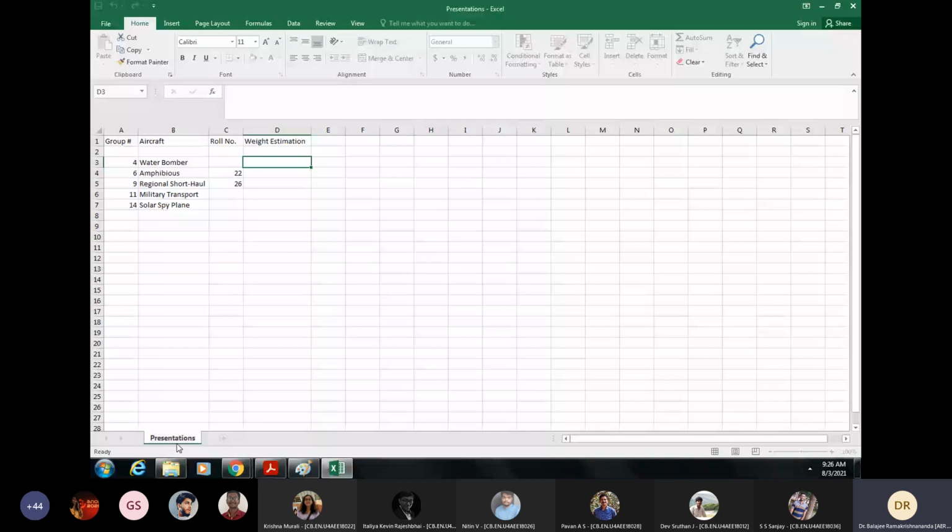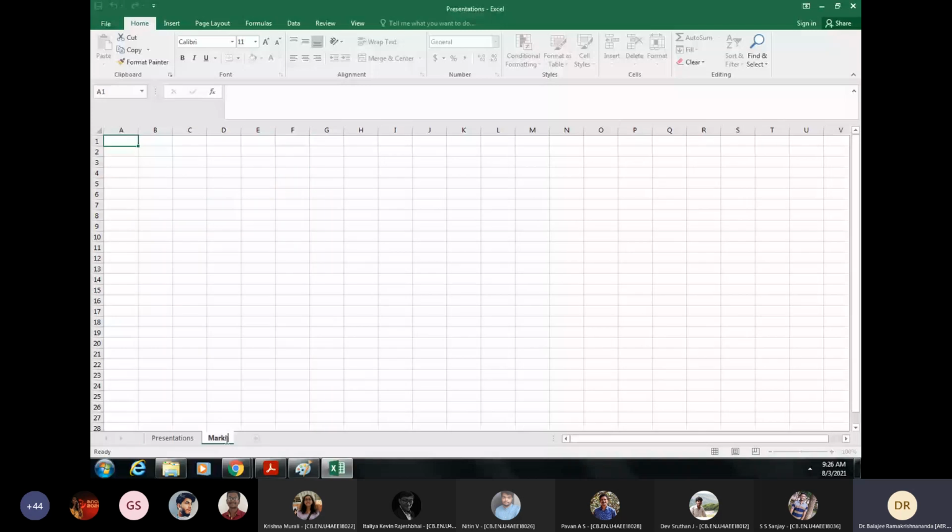I'll copy your roll numbers and team details later, or I may have another Excel sheet for that. Can I use this for rough work?